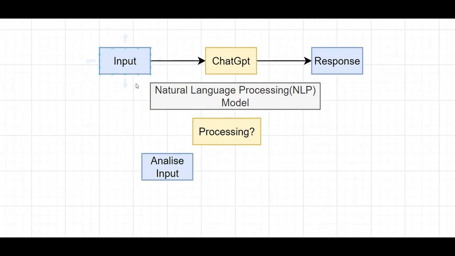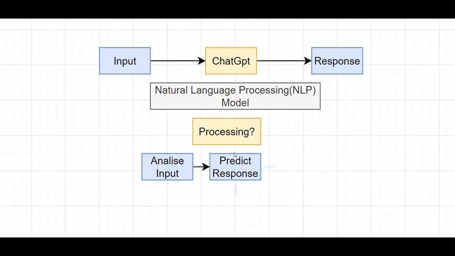Then, after the model has analyzed the input, in order to provide the response, our model needs to predict the response, right? Yes. Based on the given input, first our model needs to predict the response.